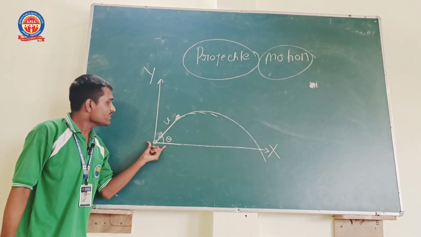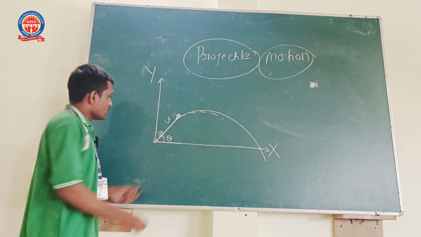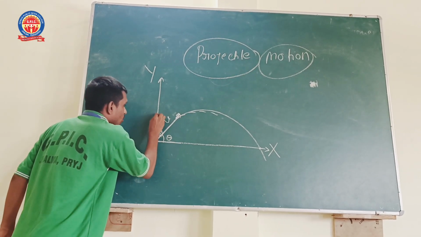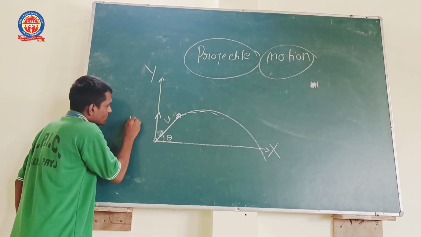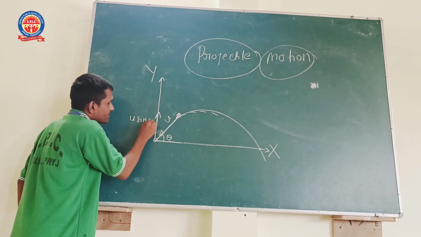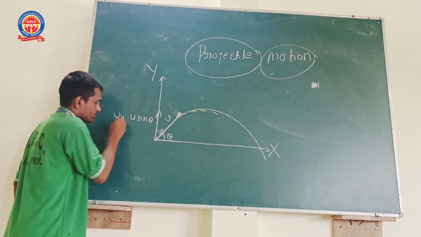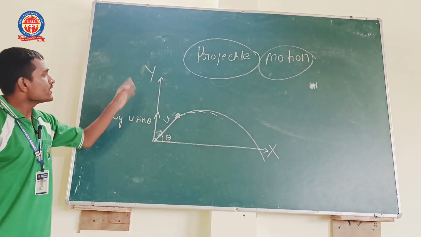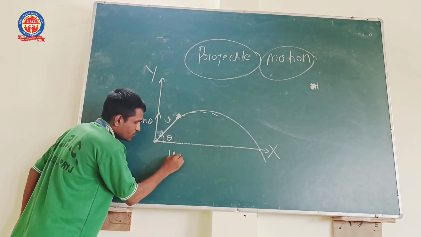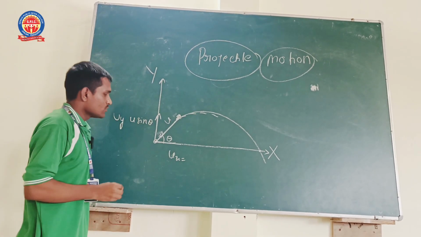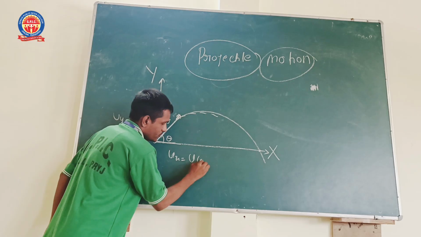Here, u has two components. First, along the vertical, that is u sin theta; uy represents vertical. Horizontal, ux is equal to u cos theta.